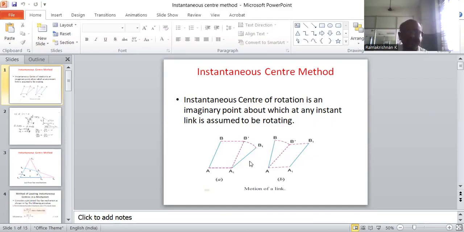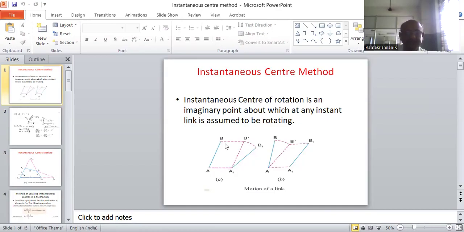Now, to reduce the difficulty of the analysis and to ease the calculation, let us assume that the link attains the final position by pure rotation only. So it is assumed that the link attains the final position A1, B1 by rotation only, and based on this assumption, the method is carried out.